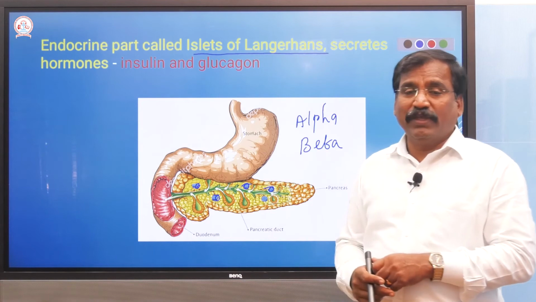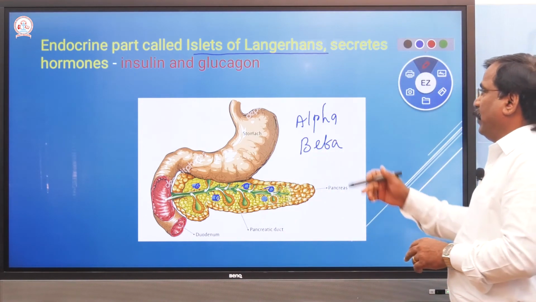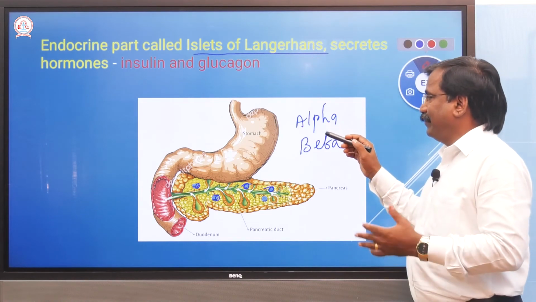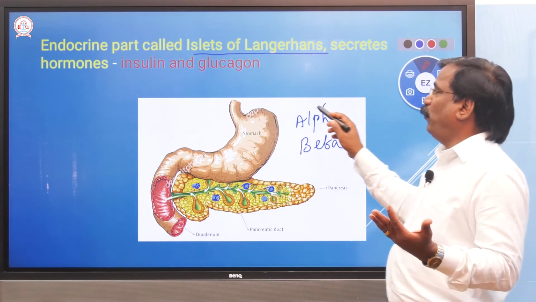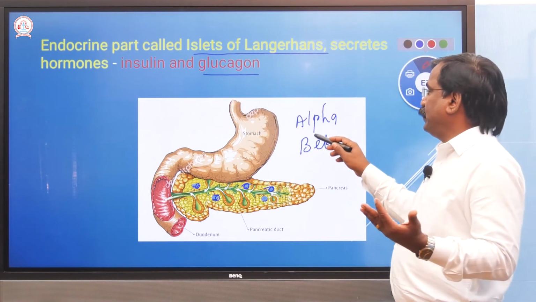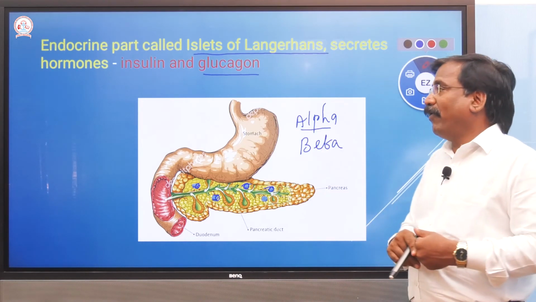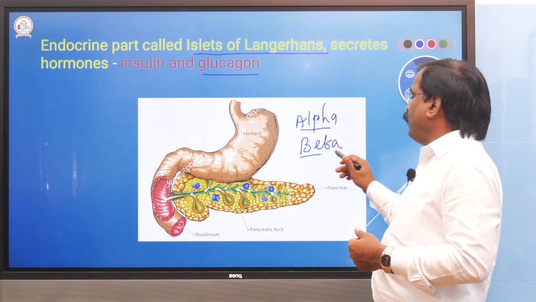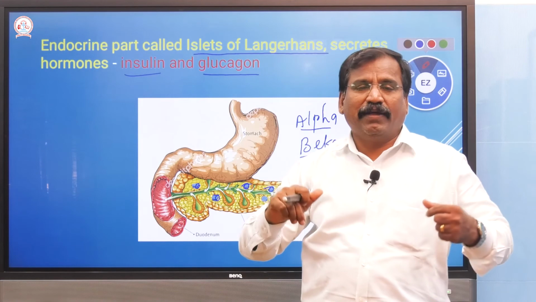Alpha cells secrete a hormone called glucagon, and beta cells secrete a hormone called insulin.